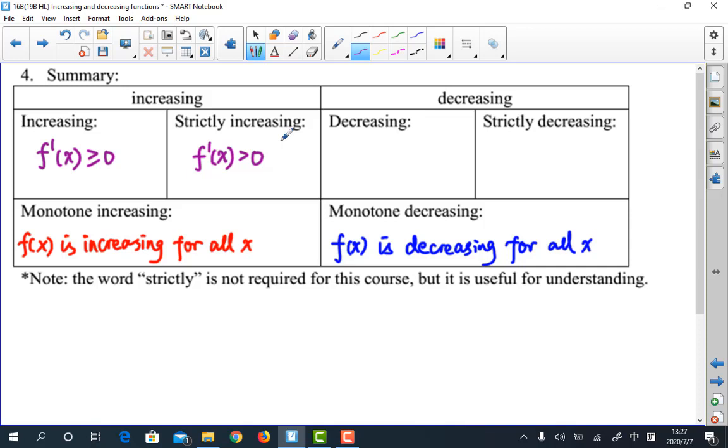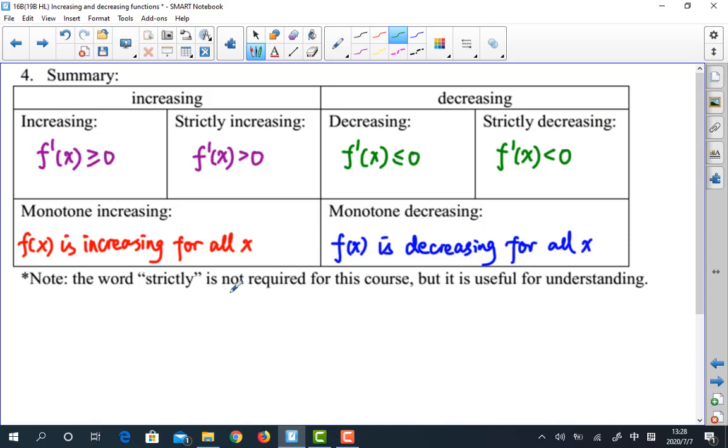For decreasing, when you have a decreasing interval for a function, the gradient of the tangent line to the curve on this interval should have negative slope. So that means the first derivative is less than or equal to 0. When you have the first derivative less than 0 only, this is called strictly decreasing.